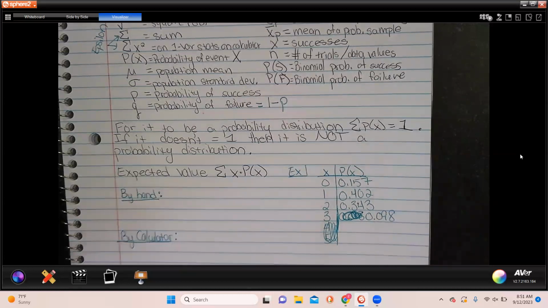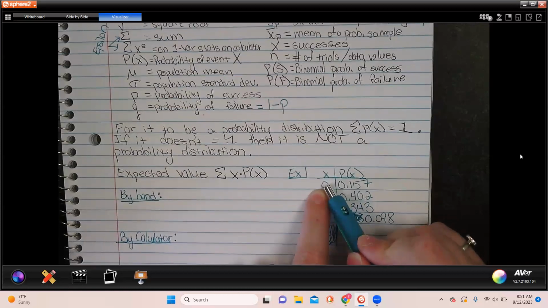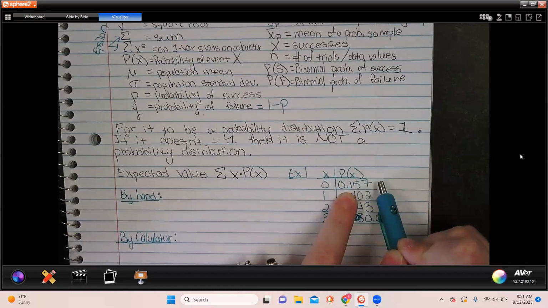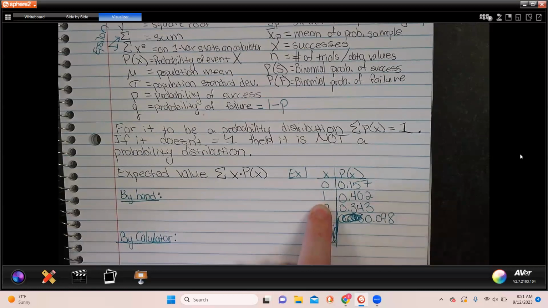In a probability distribution, we have something called an expected value, and the expected value is extremely important. What you do is multiply the value of your success by the probability of that success, and then add it to the product of the next value by its probability.